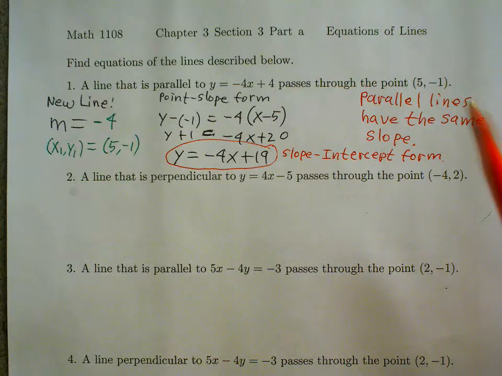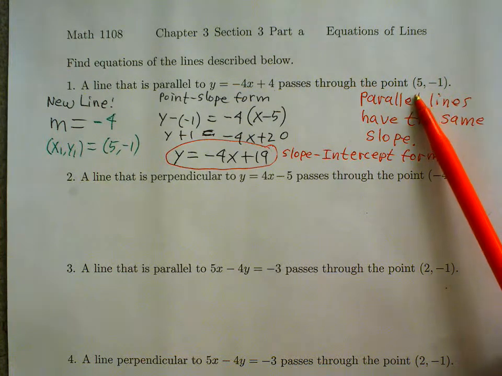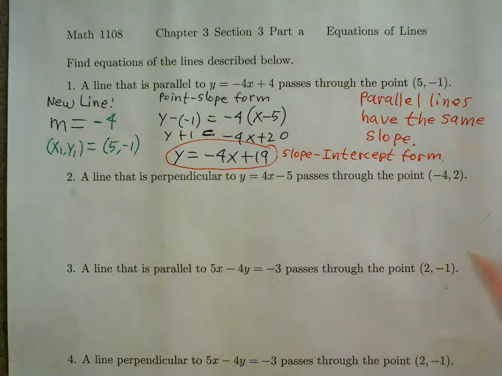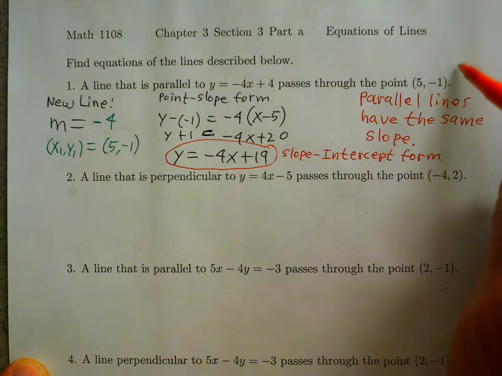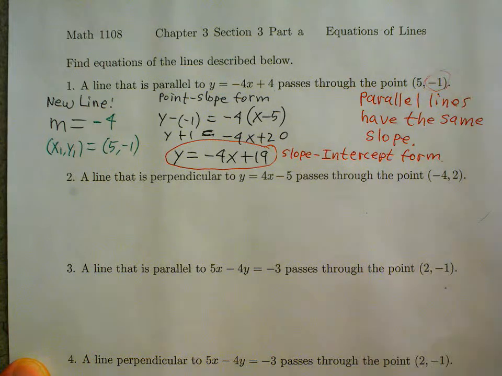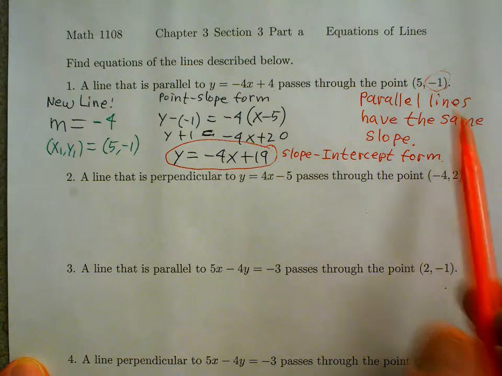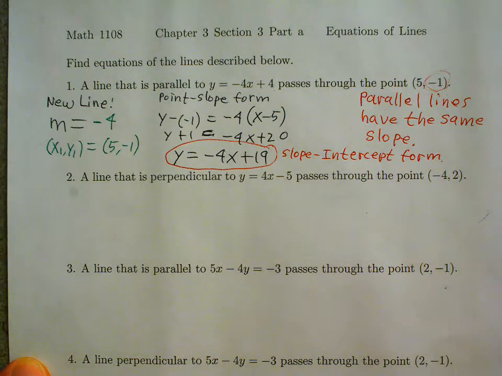Okay, so one of the solutions online was y equals -4x minus 1. But I assume that this -1 was just put in there. That would not be the case unless the x coordinate is 0.